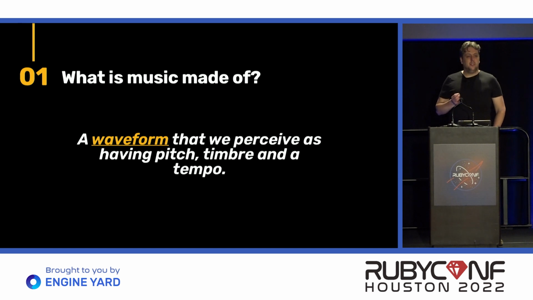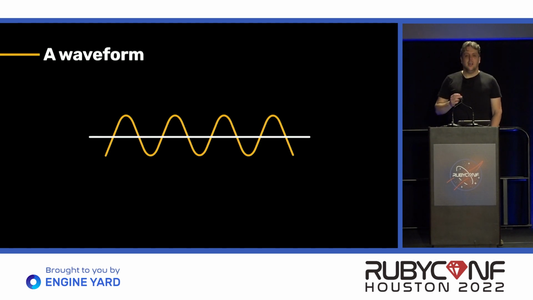So, what is music, actually? It's described by a couple of things. Audio, like what you're hearing right now, is a waveform moving through the air. There's a whole bunch of air molecules bouncing into each other, and our ears perceive those and make a model out of that.